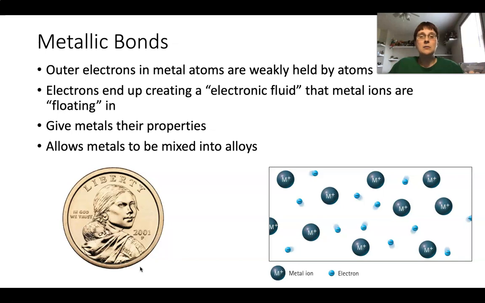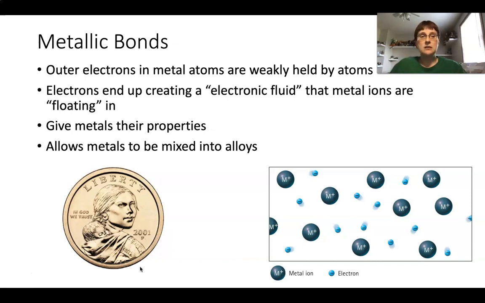Another alloy that if you do jewelry work you might be familiar with is white gold. Most people don't realize white gold actually is part gold, but what changes it from the gold color to the white gold color is palladium. So it's got another metal mixed into it to alter the color of it.